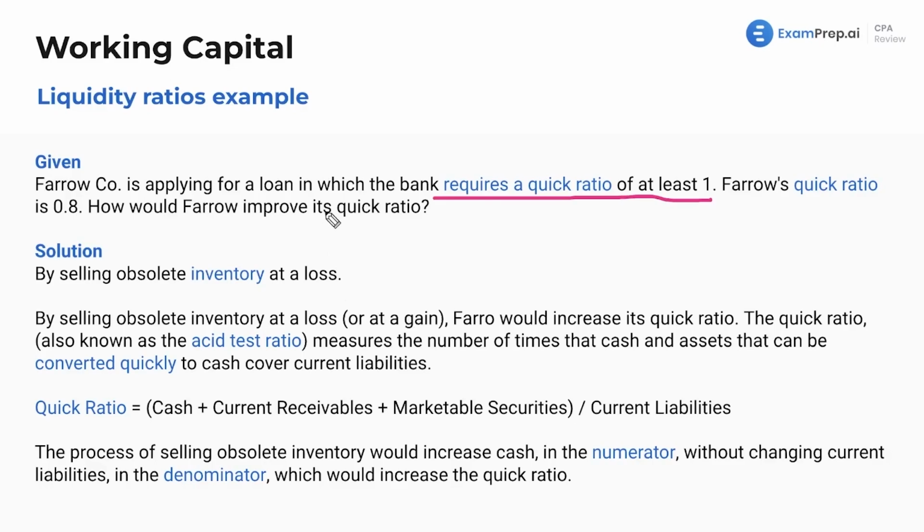Now, this would be a multiple choice question. This is the right answer out of them. I didn't include the wrong answers. So, what would increase this? Well, okay, with what you have, yes, you could say make more sales and get more cash, right? You could sell a bunch of long-term assets and turn it to cash. That would be an option. Here, the option is selling obsolete inventory at a loss because that would give you cash. And you see, inventory is not included here in our quick ratio.